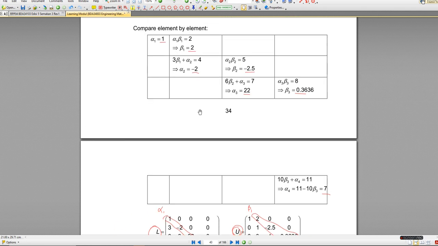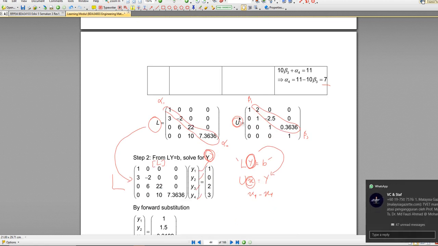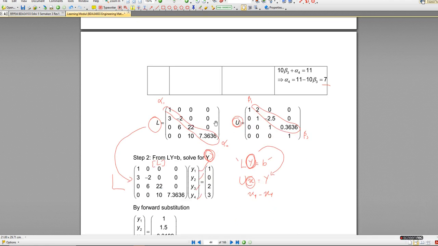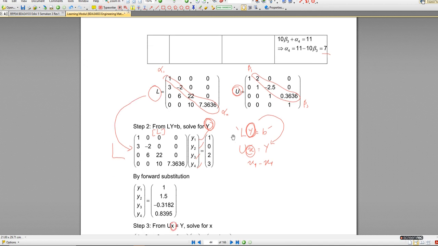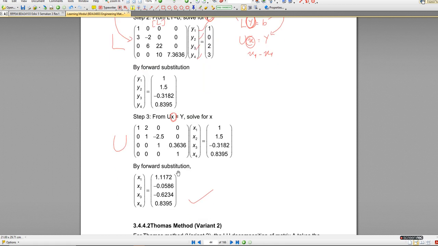After you identify all the elements, alpha 1, beta 1 and so on, you reconstruct matrix L and matrix U until you get LY equal to B and UX equal to Y to identify the elements of X.